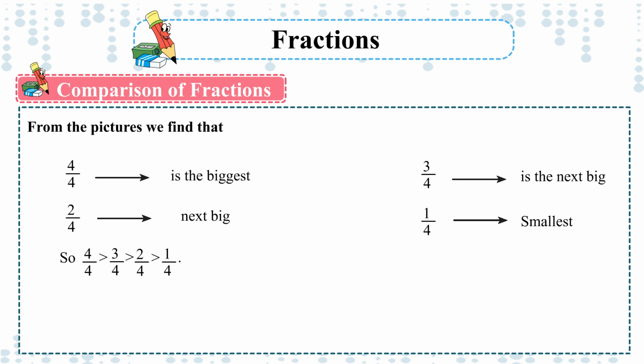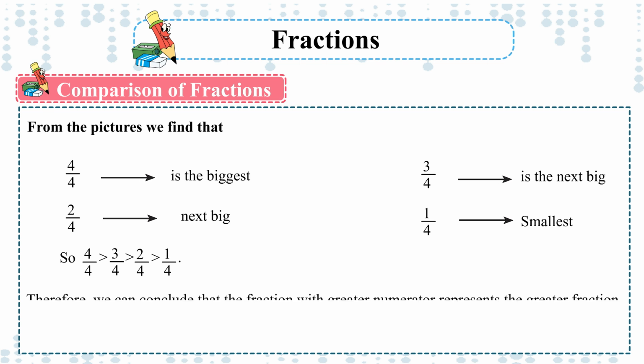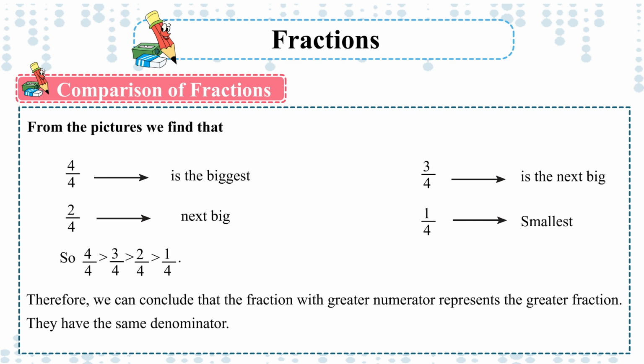So 4 upon 4 is greater than 3 upon 4, greater than 2 upon 4, greater than 1 upon 4. Therefore, we can conclude that the fraction with greater numerator represents the greater fraction, when they have the same denominator.